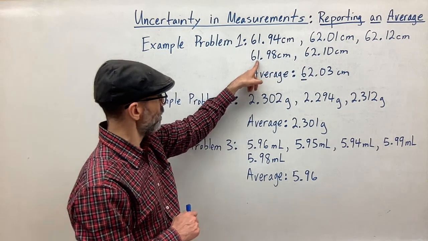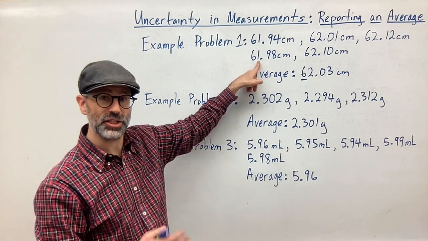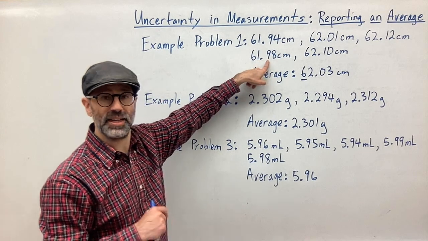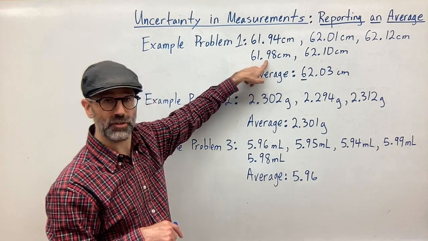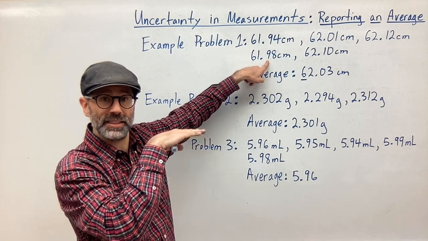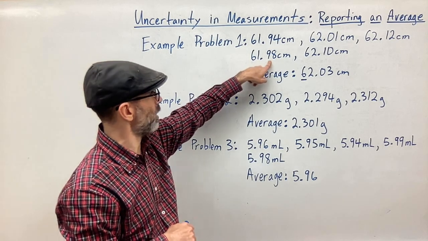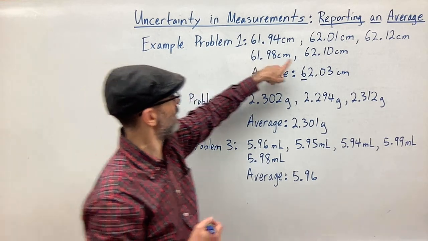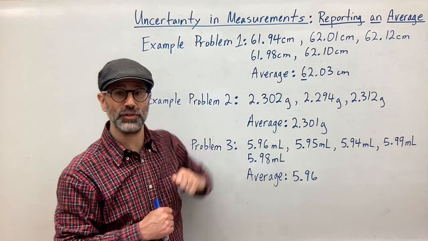So 61.98 is really close to 62, and 62.01 is really close to 62. So you're really on the edge of 62.